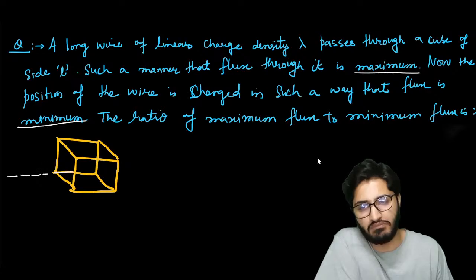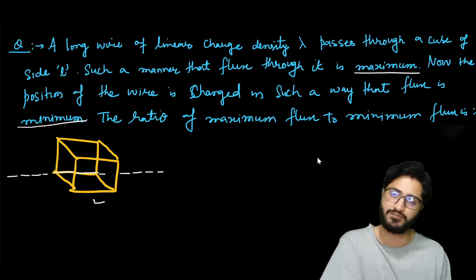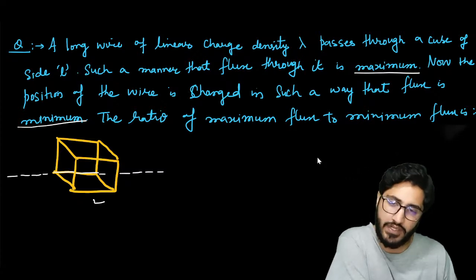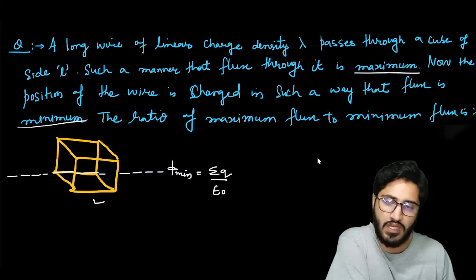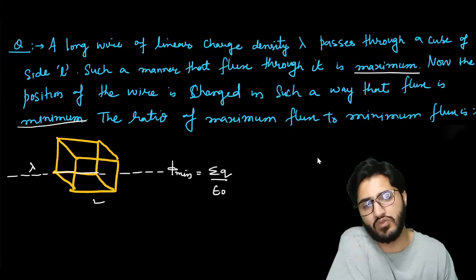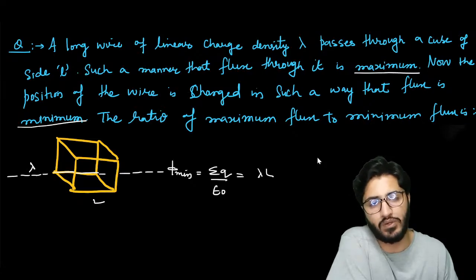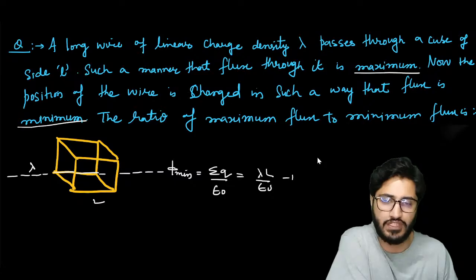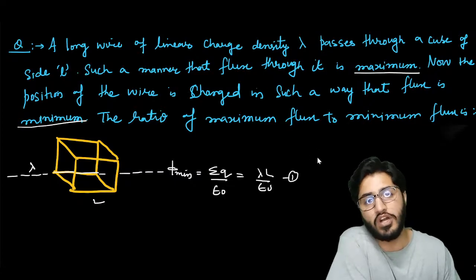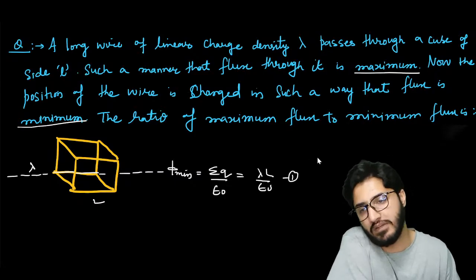Nothing more special. If length is L, then by doing this we will get minimum flux. Summation of charge divided by epsilon naught. Charge is not given, lambda is given. So we know that charge is equal to lambda into L, divided by epsilon naught. First equation. If we want maximum flux, it will be if we have it from this particular corner to this one.